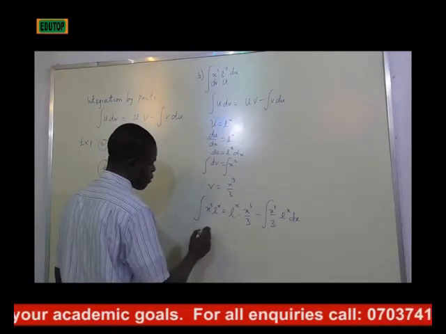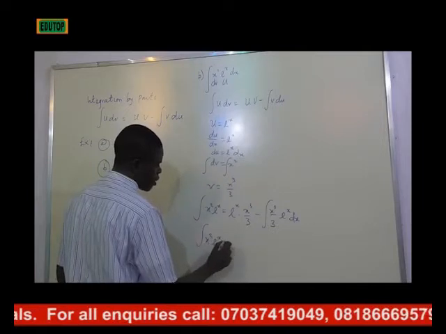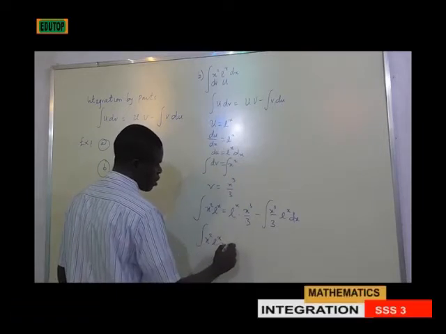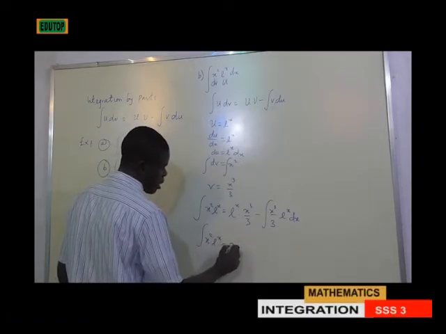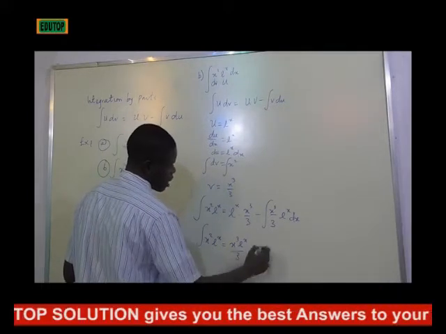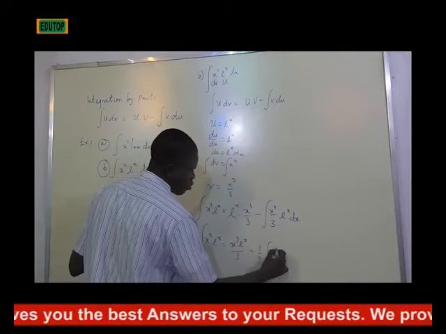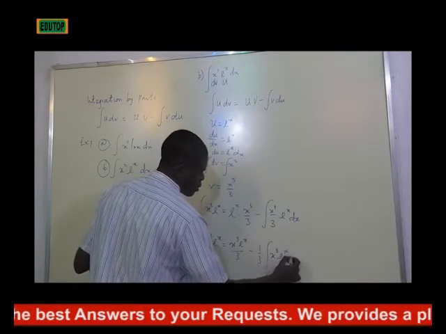Then here you have the integral of x squared exponential x, and this one will give us x cubed exponential x over 3 minus, this 1 over 3 can come out, then I have 1 over 3 integral of x cubed exponential x dx.